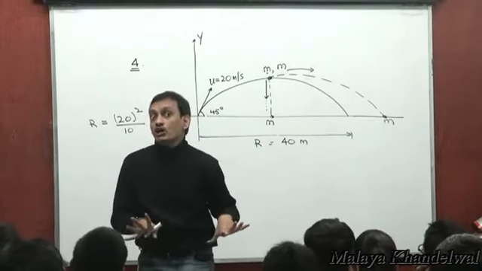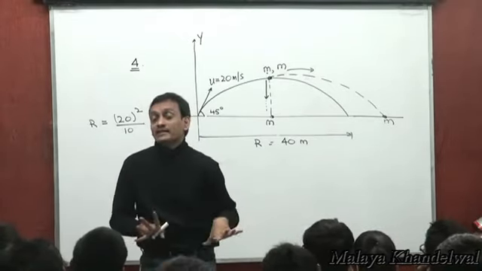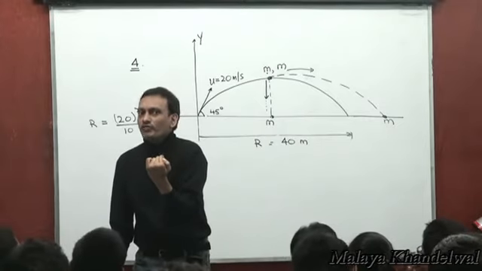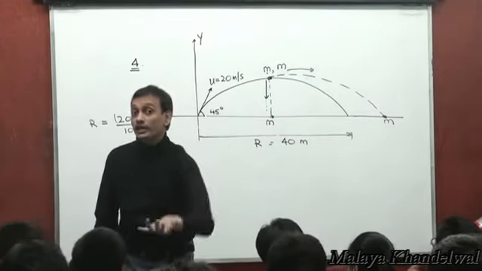The only external force acting on the system is gravity of small m plus small m. Which means the external force acting on the system is only vertical.